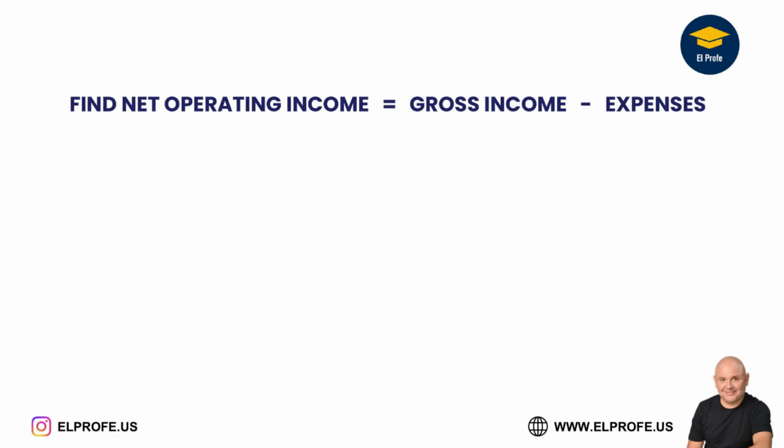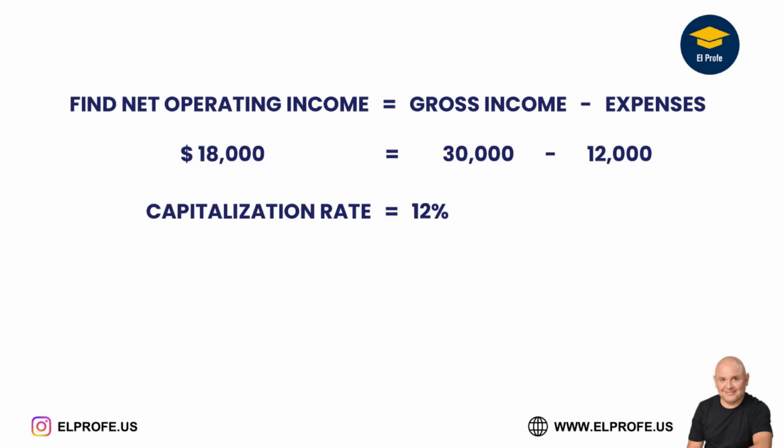So you take $30,000 in gross income minus $12,000 in expenses, and you find the NOI, which is $18,000. They also give you the cap rate, which is 12%.